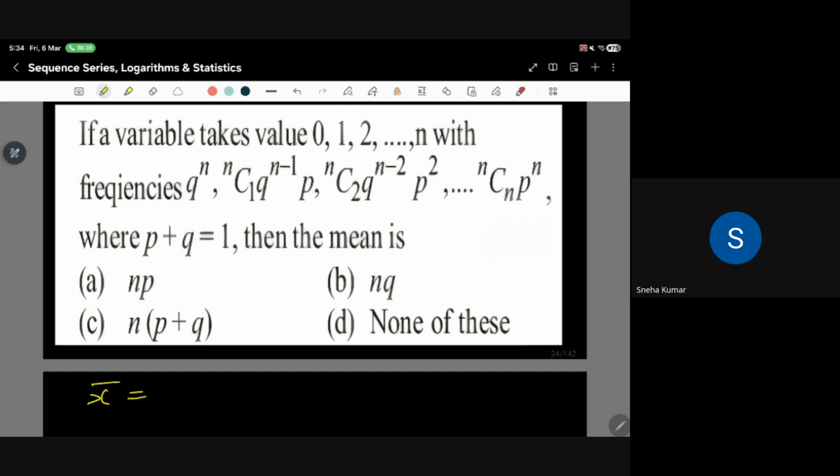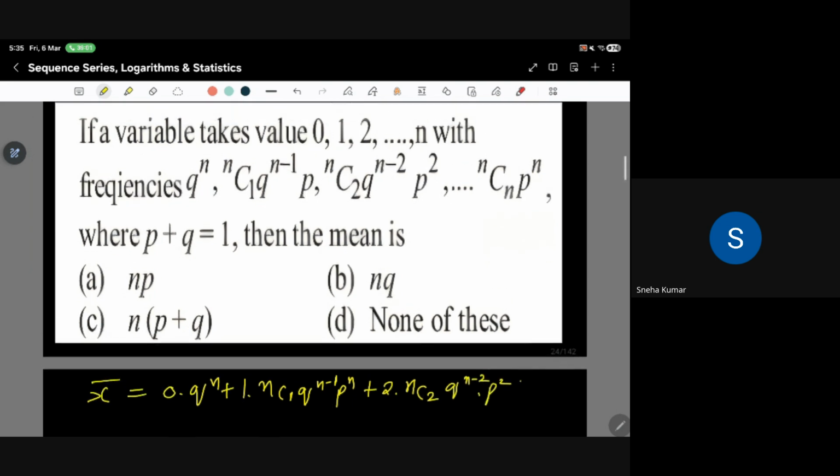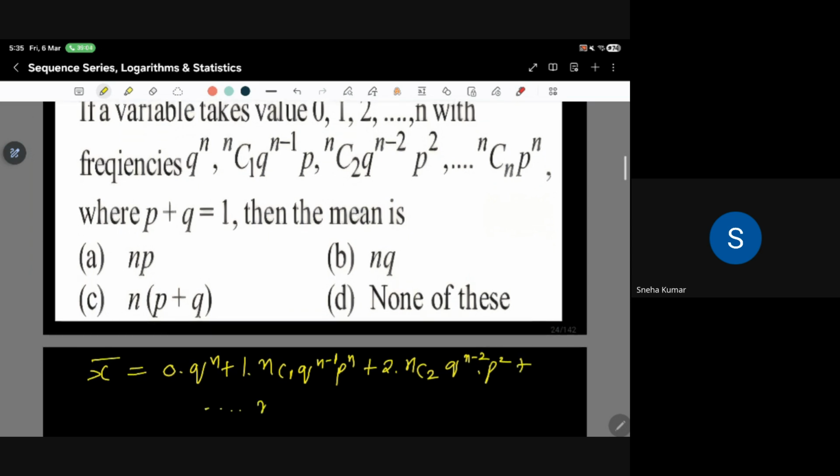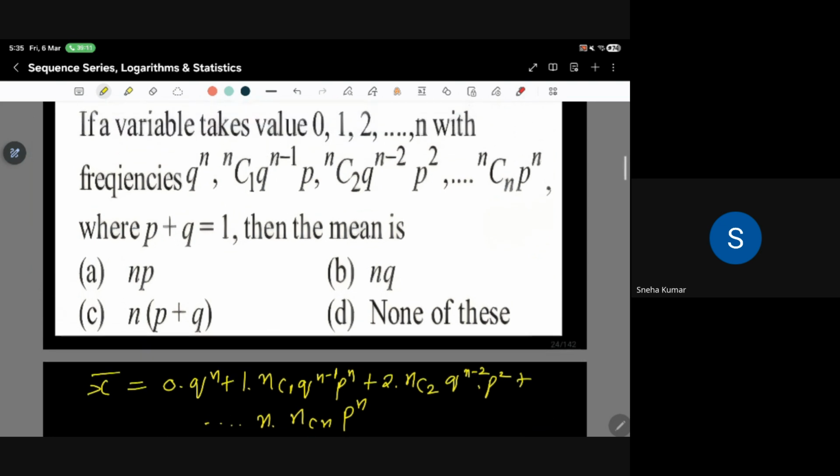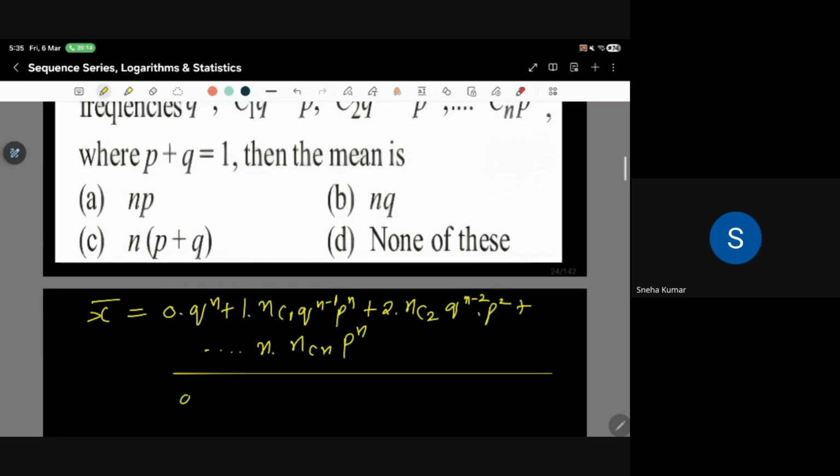So our mean is variable into its frequency until n into nCn p to the power n, divided by the sum of all the frequencies.